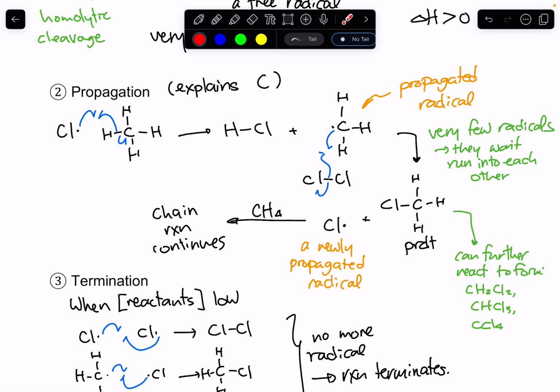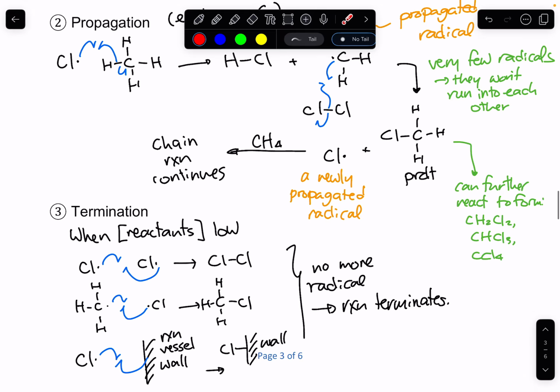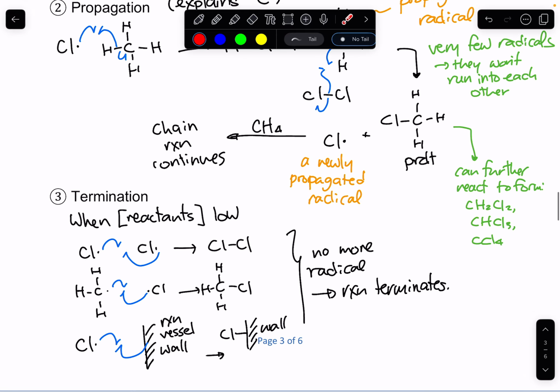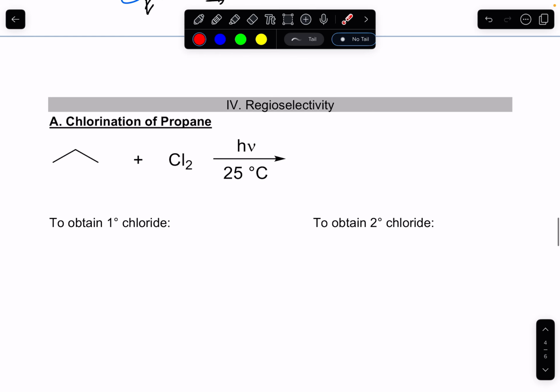Otherwise, there's no way that the whole reaction finishes to convert most of the starting material to this halogenated product. Propagation has to be the mechanism to explain that. So don't show the termination steps when you should be showing the propagation step. Hope that makes sense. And in the next video, we're going to be talking about the regioselectivity of these reactions.